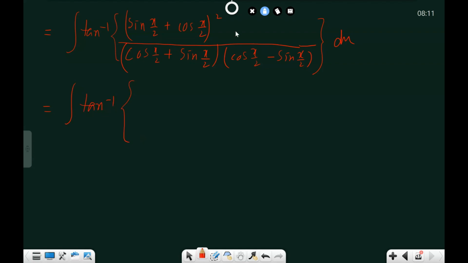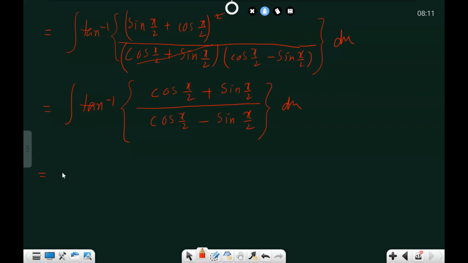You see, one of the factors, this whole term can be cancelled with this whole square. So the numerator now remaining is cos x by 2 plus sin x by 2. For our convenience, I am just writing the cos first, then sin. And divided by, your term is now cos x by 2 minus sin x by 2 and whole dx.